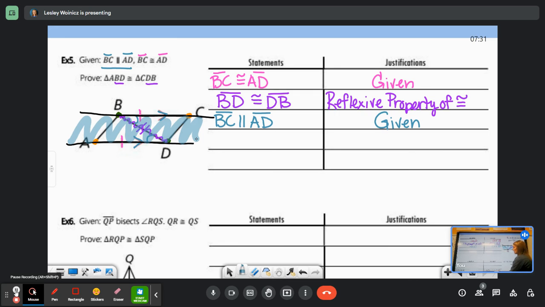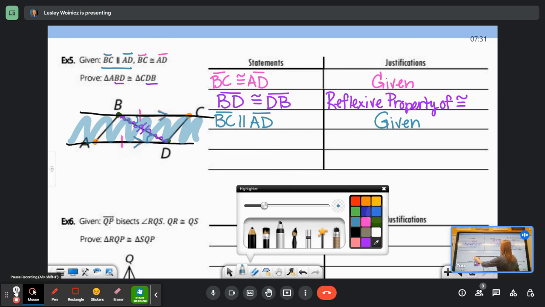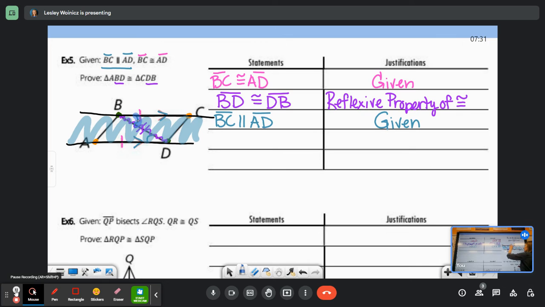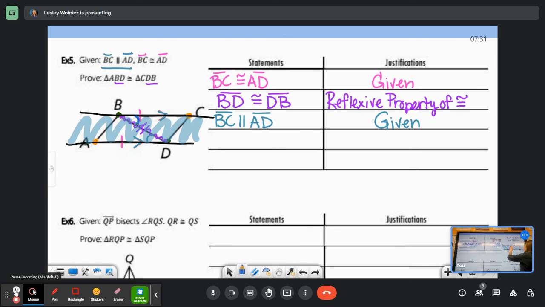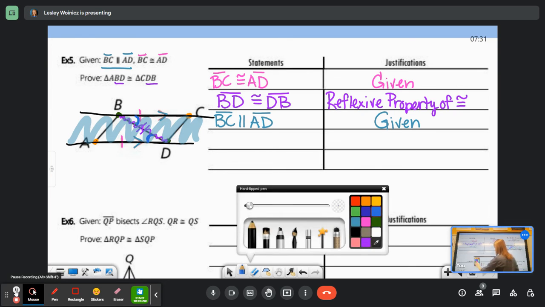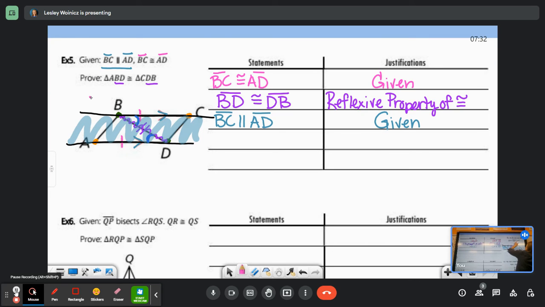Notice that the two angles that I wanted to be congruent, this one and this one, are both in the interior of my parallel lines, and they are on alternate sides of my hot pink transversal. Okay, those are alternate interior angles, and they are congruent by the alternate interior angles theorem.